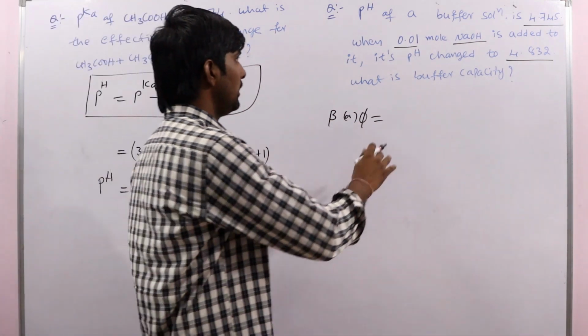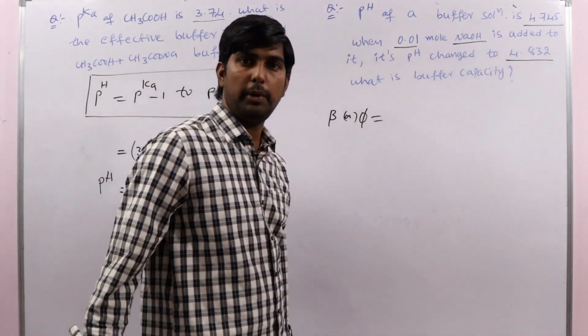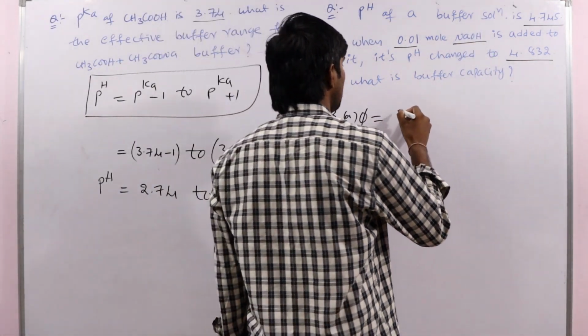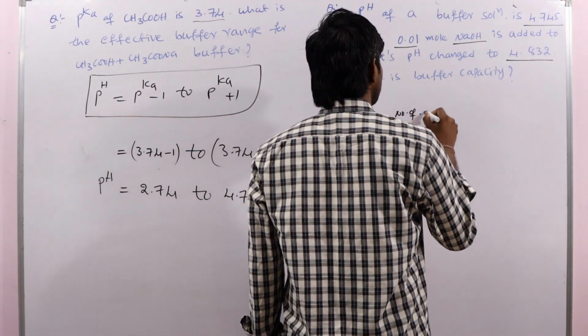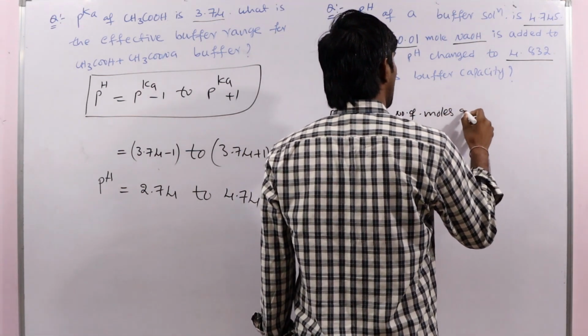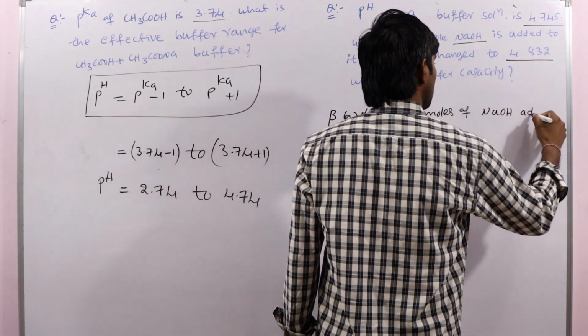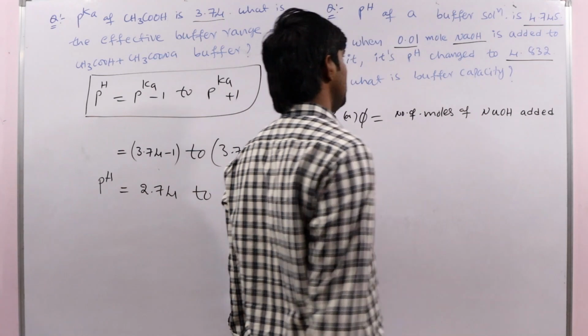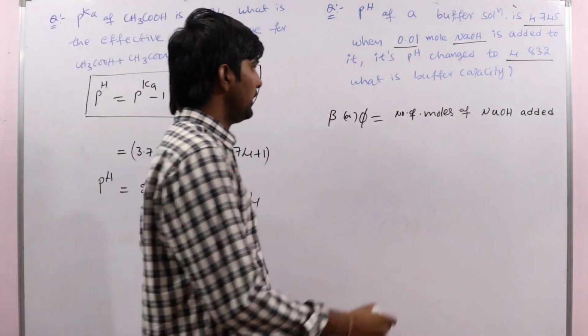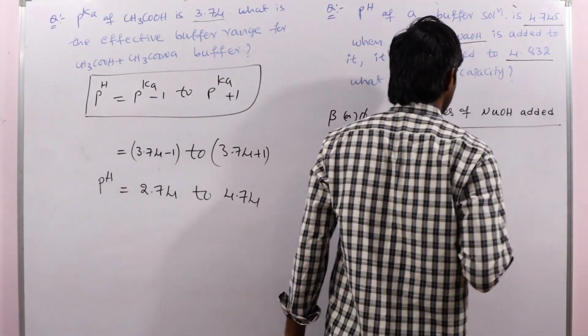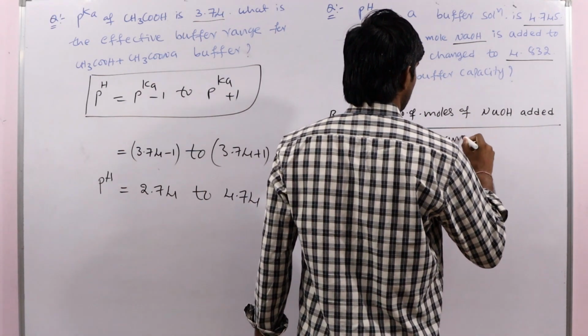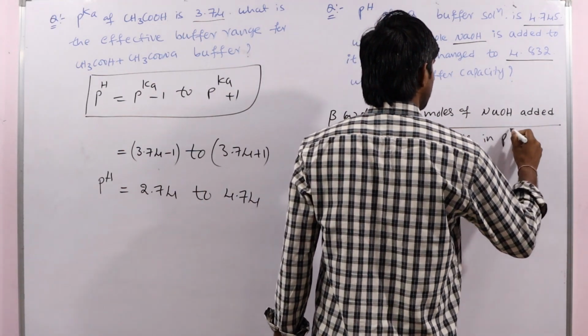Beta is equal to, see here we have added base, so we can write number of moles of NaOH added by change in pH.